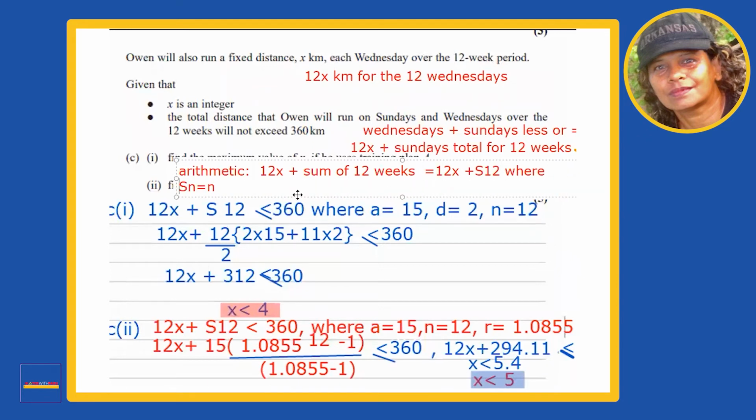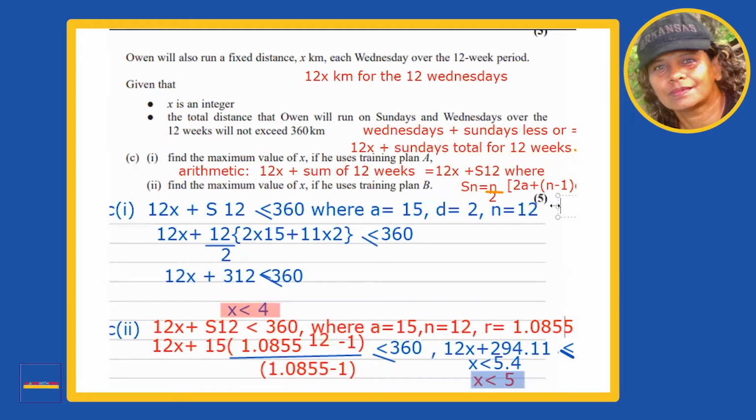I'm going to write down the formula for the sum of an arithmetic sequence: n over 2 into 2a plus n minus 1 into d. That is the formal formula for that. And of course, if it's going to be S12, then we're going to substitute the values that we have.